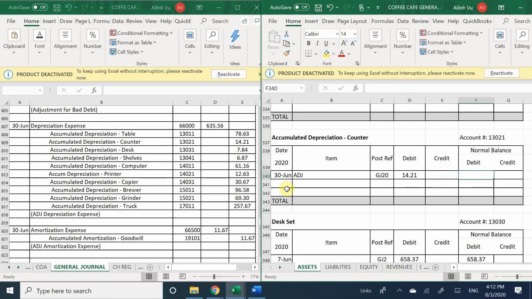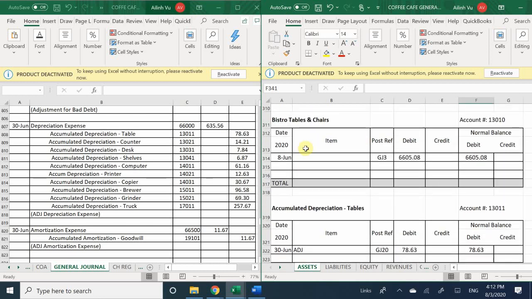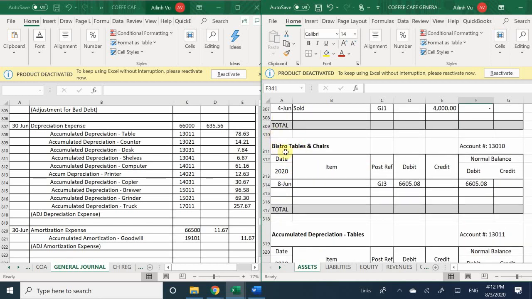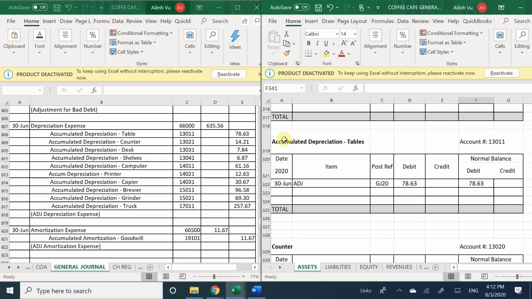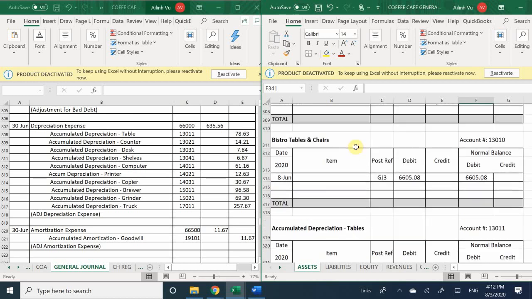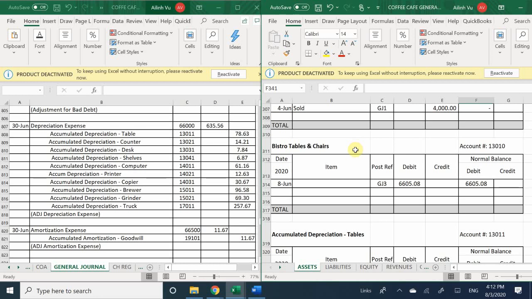Under furniture is bistro, tables, and chairs. The next account under that is accumulated depreciation for tables. Remember, David, every account has a specific name. You can't just put it under furniture unless you journalize furniture. It has to match your journal, has to match everything that you're putting into your ledger.